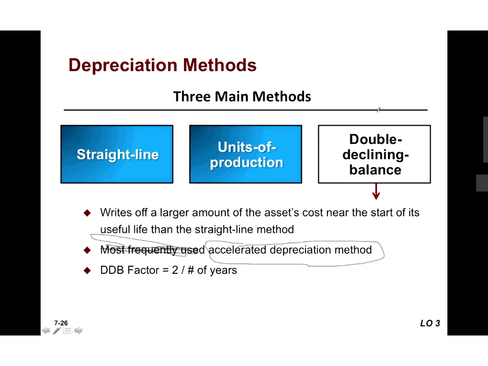Okay, so this is an accelerated depreciation method. And we're going to be calculating basically, roughly, twice the straight line rate in the first year, and it'll take a lot more depreciation early in the life of an asset. A company would choose to use this method if it felt that its assets were most useful in the early years and declining later.